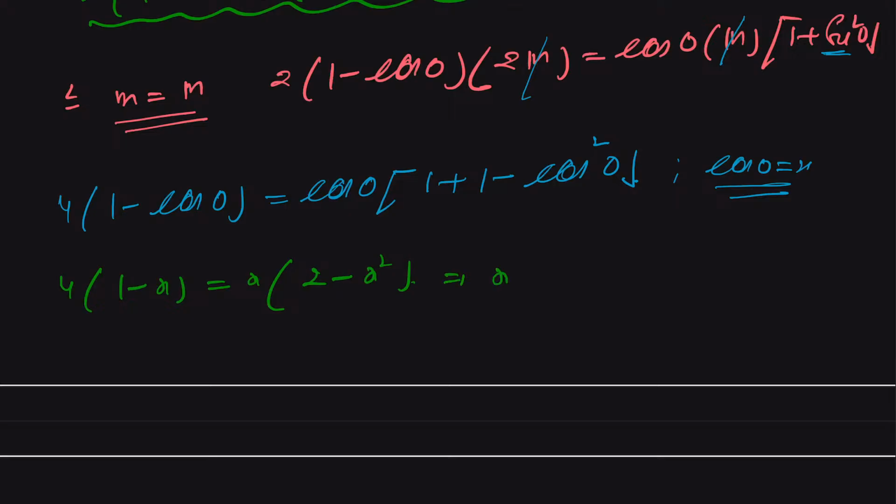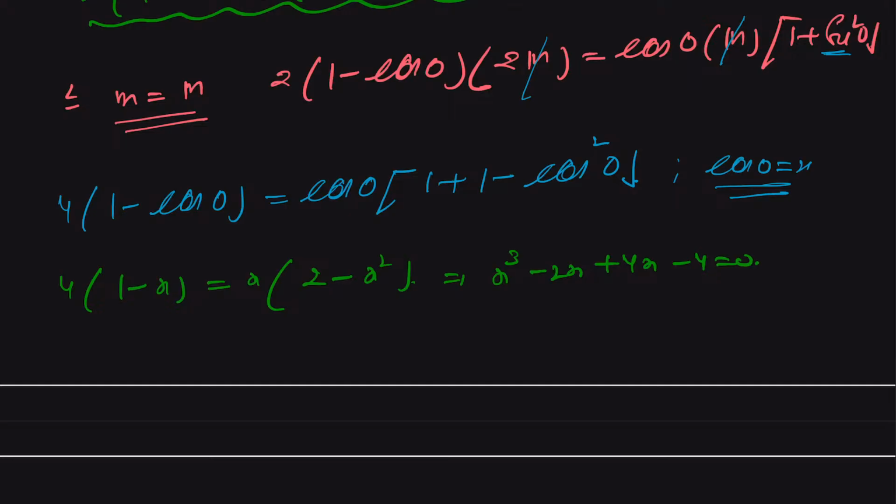So we get x cube, and this will be minus 2x, and 4x and minus 4 is equal to 0. Let me check it out.